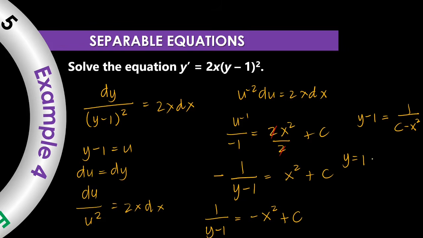So, magiging y equals 1 plus 1 over c minus x squared. Okay? So, since this is now expressed explicitly as a function of x, this is now our general solution. Okay? That's it. Next example, number 5.